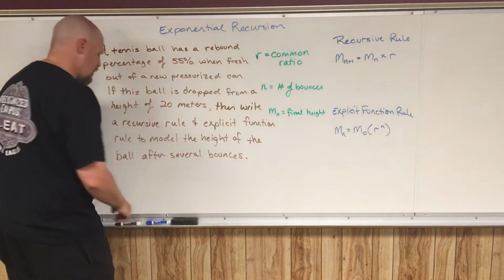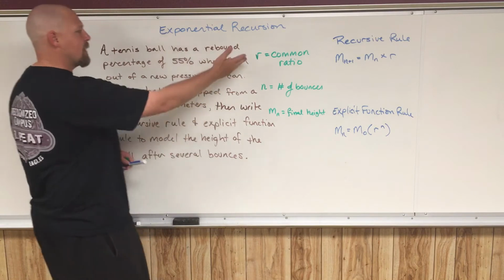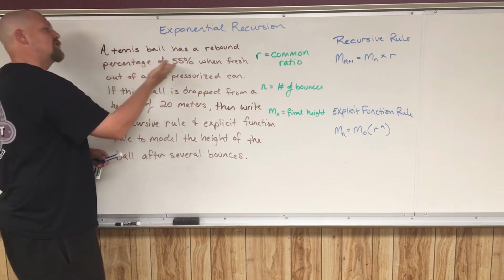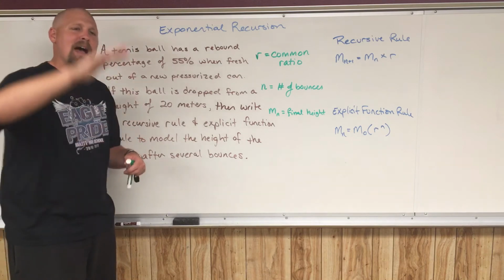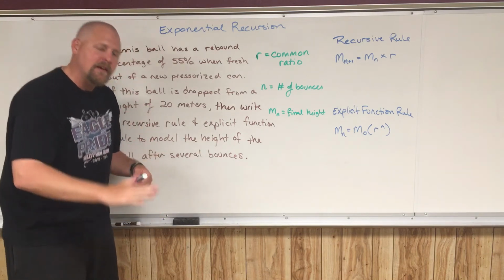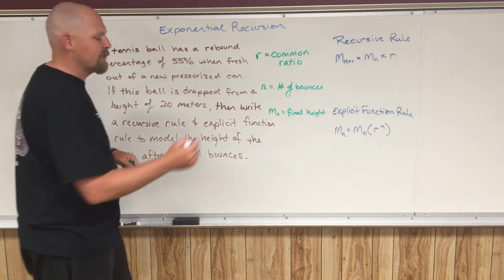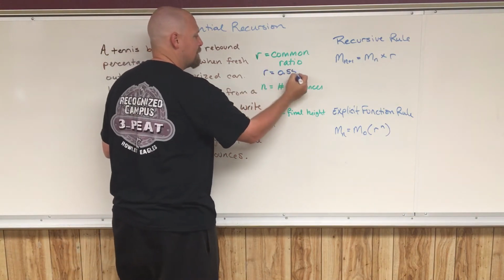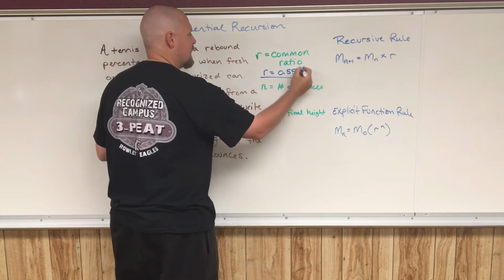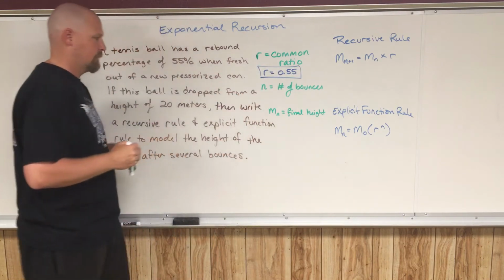So common ratio. If I look at the common ratio, I know that my percentage is 55%, so I'm going to continuously be bouncing 55% from where I first began. So that means my common ratio here is 0.55. That is my common ratio.